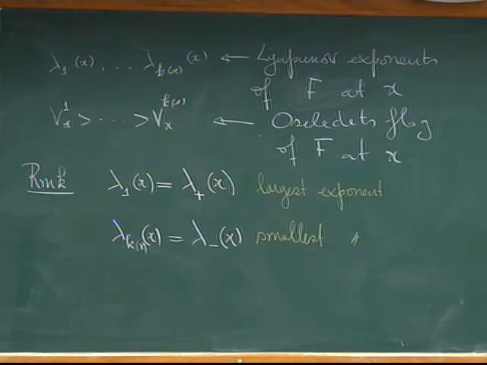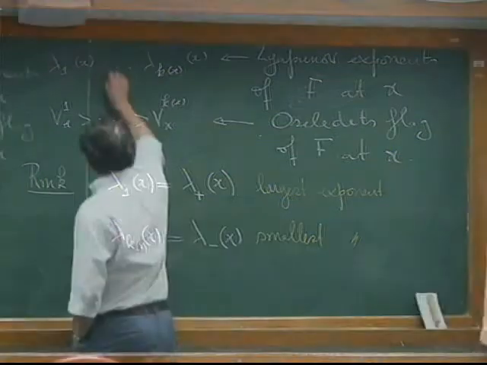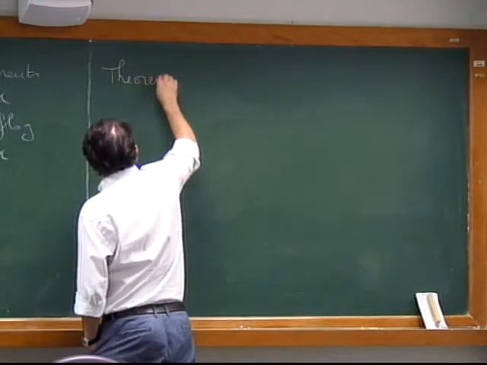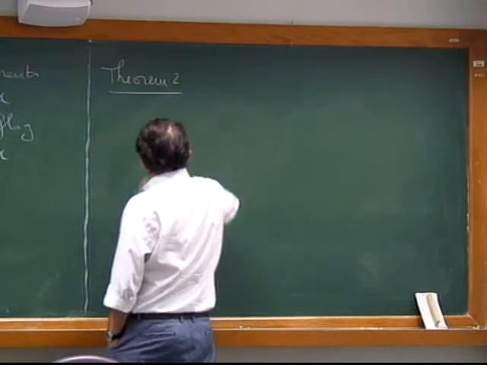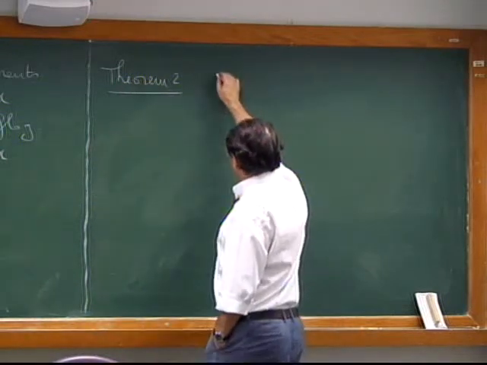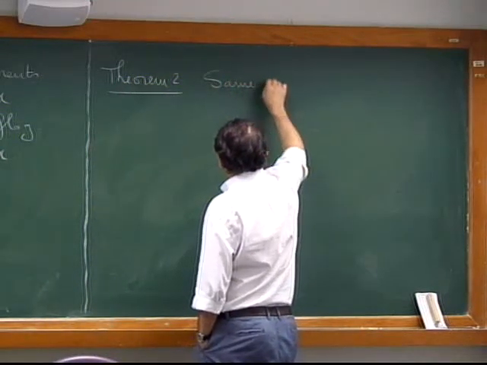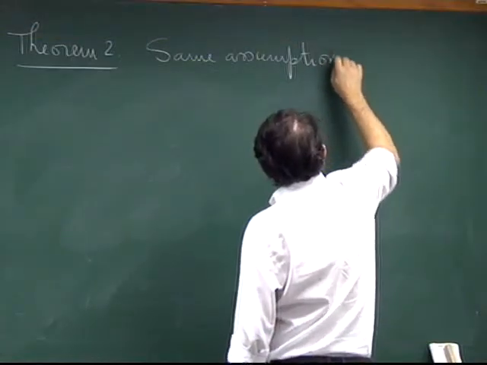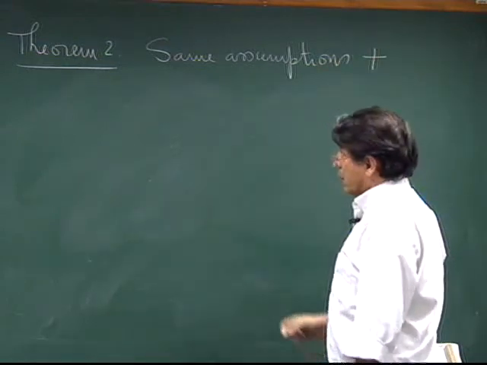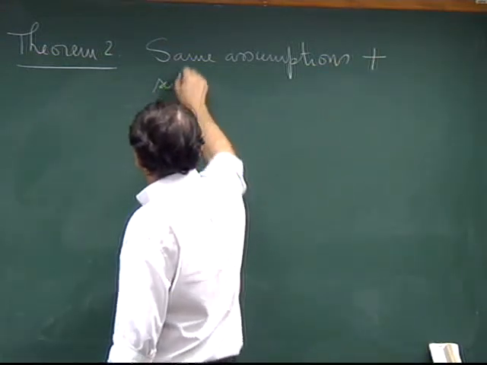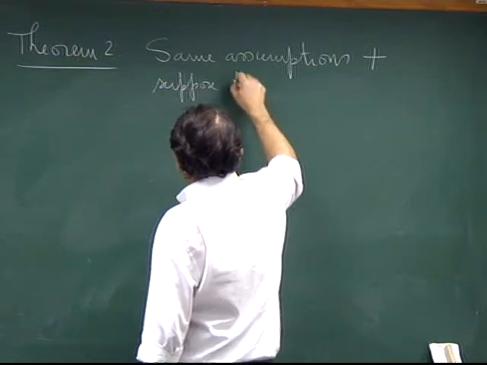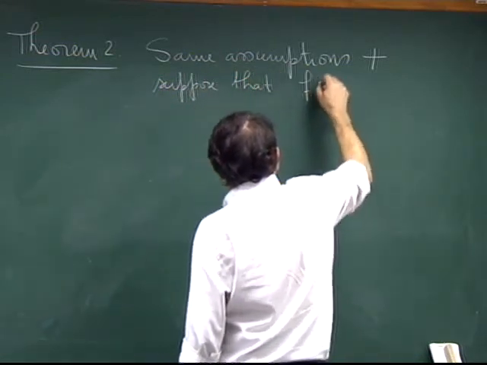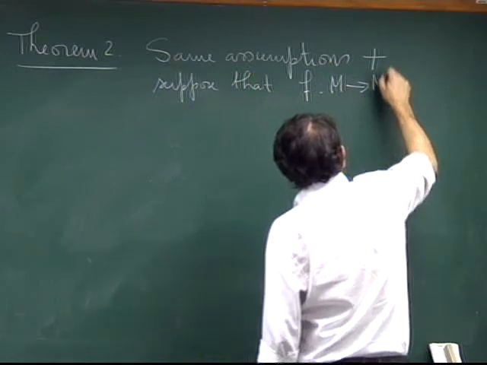I'm going to talk mostly about that theorem, but there's a second theorem of Oseledets that is more restrictive but has a stronger conclusion. So, same assumptions, plus suppose that f is invertible.